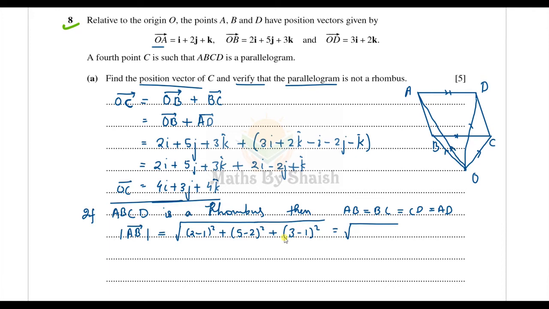So 2 minus 1 whole square is 1, 5 minus 2 whole square is 3 squared, that is 9, plus 2 squared, that is 4. So it is square root 14.